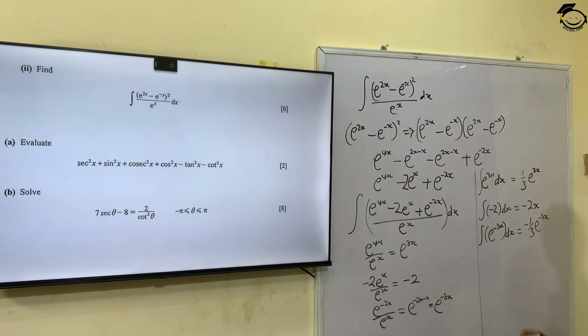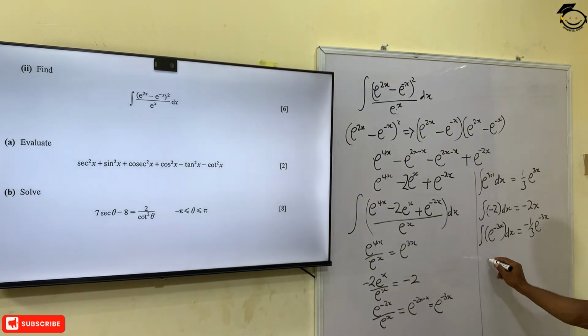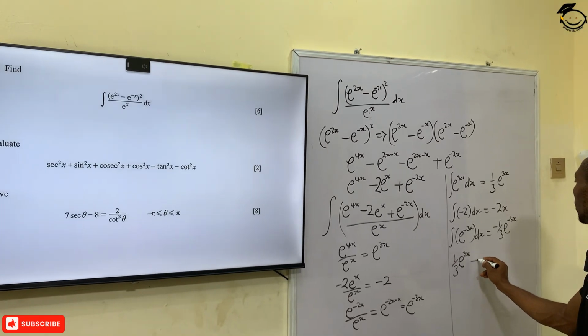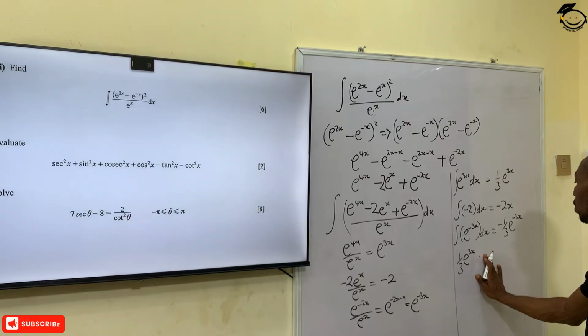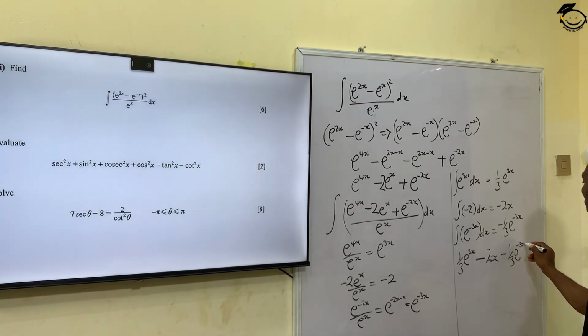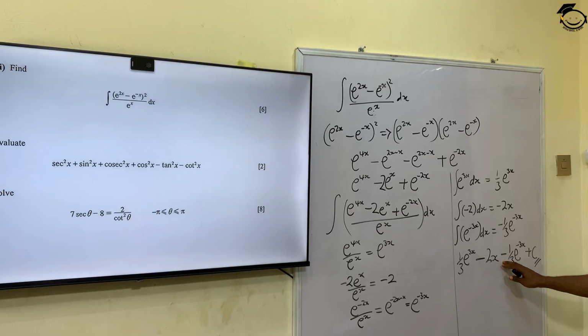Now bringing this all together, we have 1 over 3 e^3x minus 2x minus 1 over 3 e^minus 3x plus our constant. So with this, we've integrated our question.